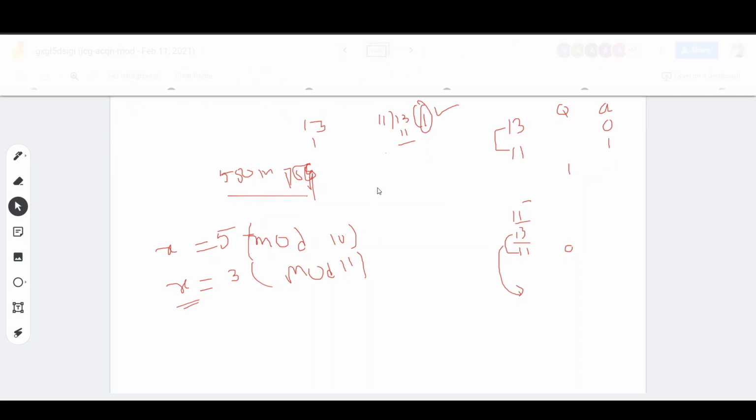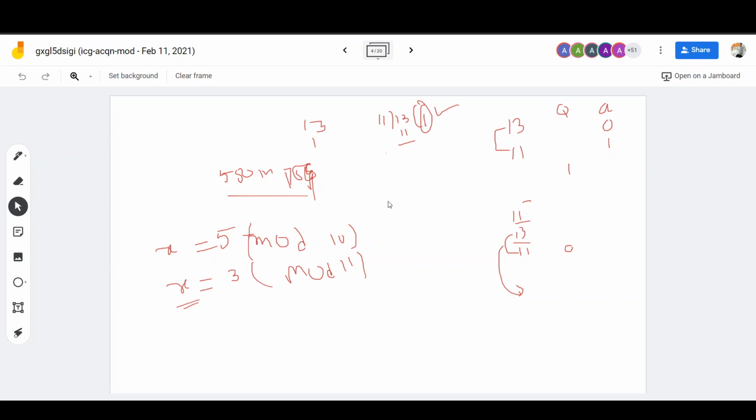So another problem I'm providing to you. Using CRT, find all solutions to the following system of linear congruence.